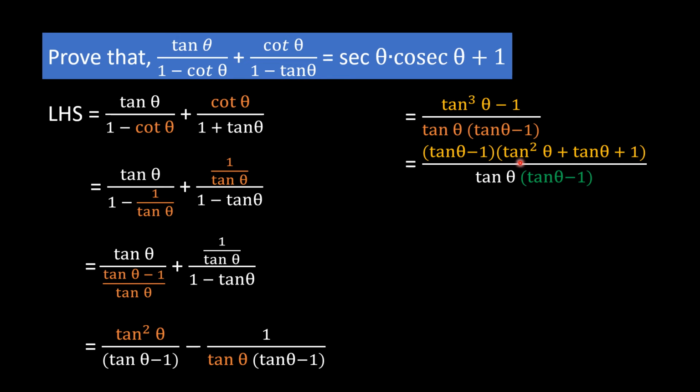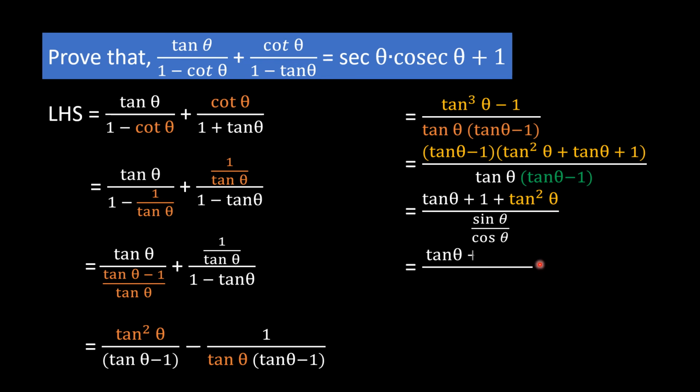Now we will write 1 plus tan square theta together, because we know that 1 plus tan square theta is sec square theta. Now we will divide these two terms separately by tan theta.